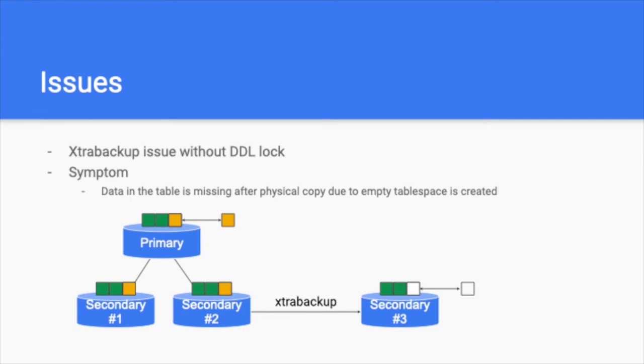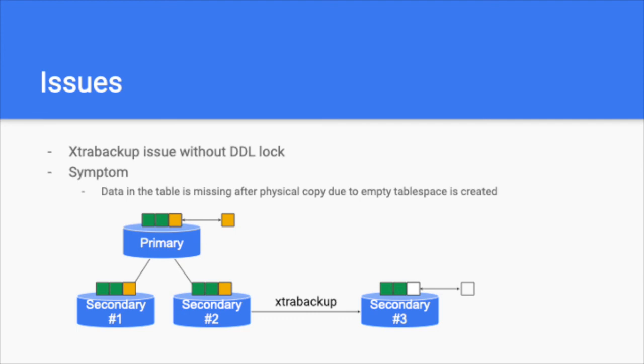XtraBackup didn't notice that because the schema change happens after the original table has been copied. So all of this went unnoticed, except for the fact that the rename table operation was persisted in the redo log. So when we're applying the log on the destination side, the crash recovery code noticed that, okay, I'm supposed to run a schema change or 3-way rename to finish the schema change, but I don't actually have the original table copied.